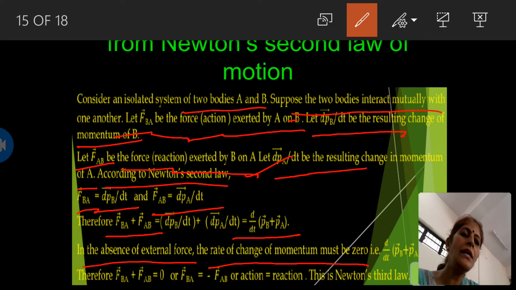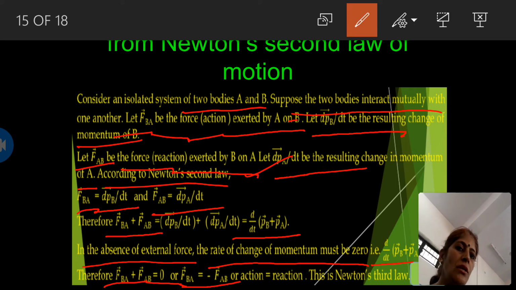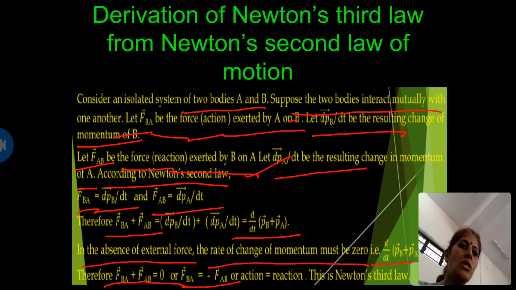It means d/dt of (PB vector plus PA vector) must be equal to 0. Therefore, we get FBA vector plus FAB vector is equal to 0. And from here, finally, we get FBA vector is equal to minus FAB vector. That is, action is equal to reaction, but it is in opposite direction as given by the negative sign. This is what Newton's third law states. To every action, there is always an equal and opposite reaction.